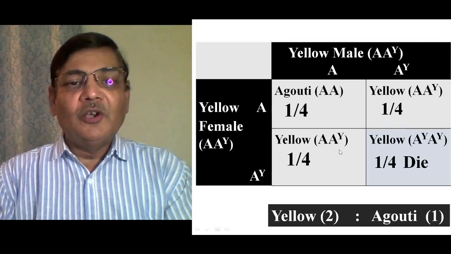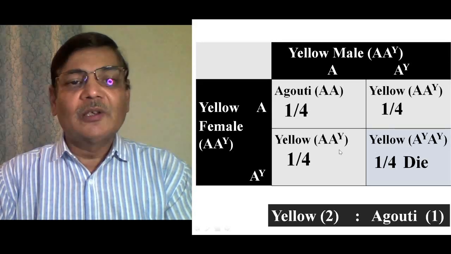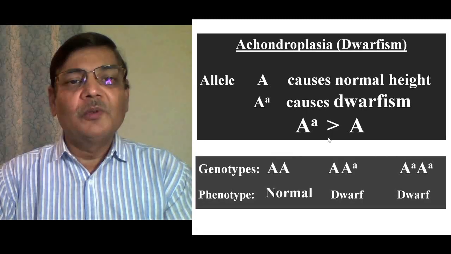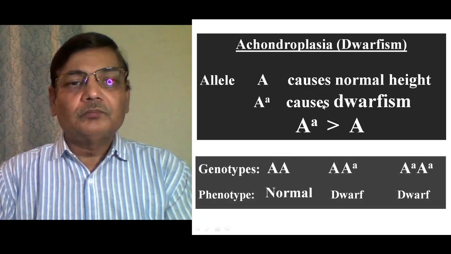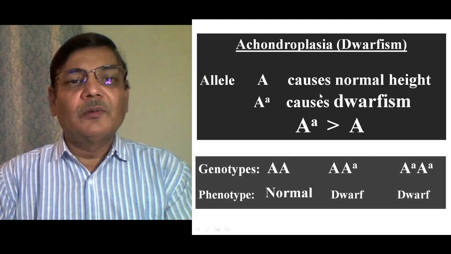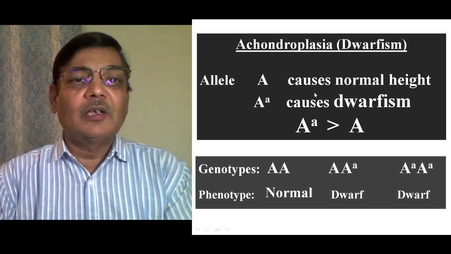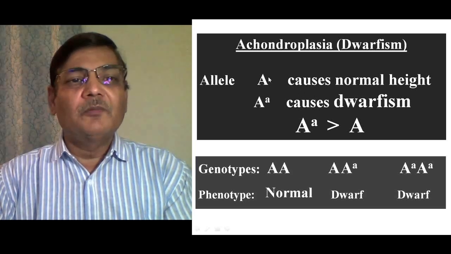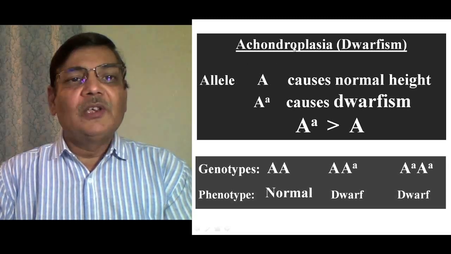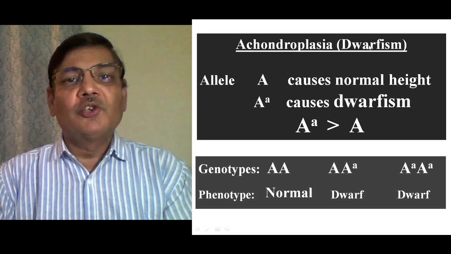Now, the same event we can understand in the case of humans, although in humans a fixed kind of mating pattern cannot be performed. But yet, if such marriages do take place, then we can at least understand the situation by seeing this example. Achondroplasia is a phenotype in which the individual is dwarf.